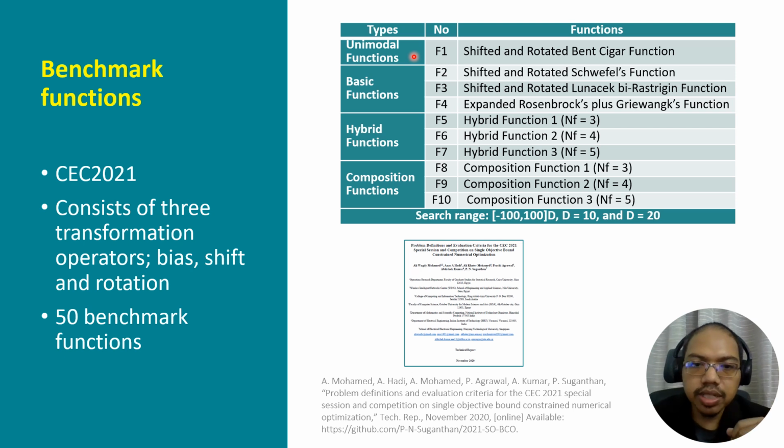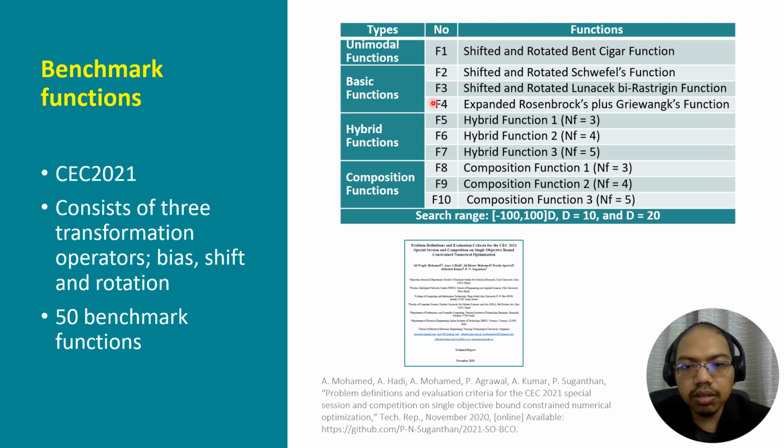So the total is not 10 functions that we're going to test, but actually 50 functions that we can test, based on how we arrange bias, shift, and rotation. Some functions consist of bias and shift. The others might consist only of bias, and others might consist only of shift and rotation. So this is covered inside the paper.